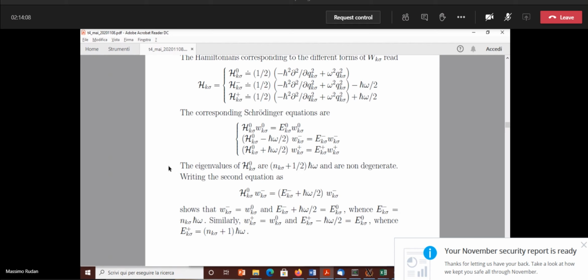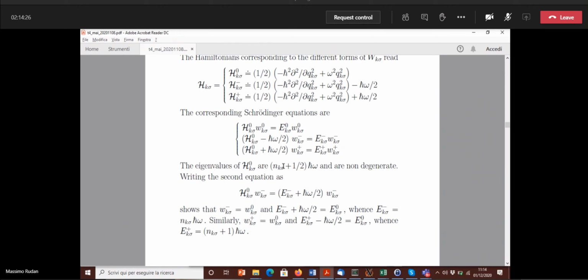So for the equation with the zero, the single eigenvalue is n plus 1/2 h bar omega. For the second equation, the single eigenvalue is E minus equal to n h bar omega.